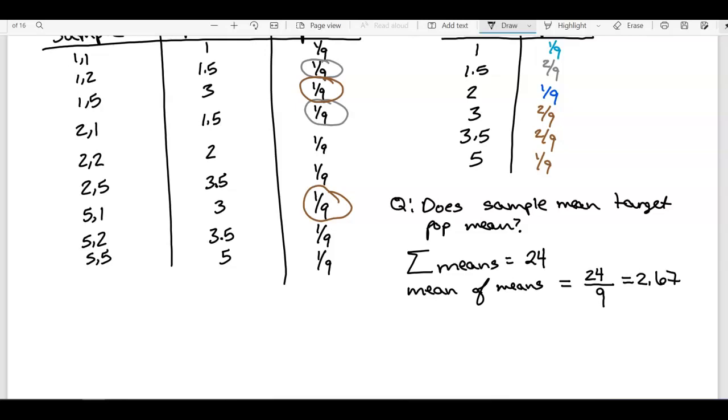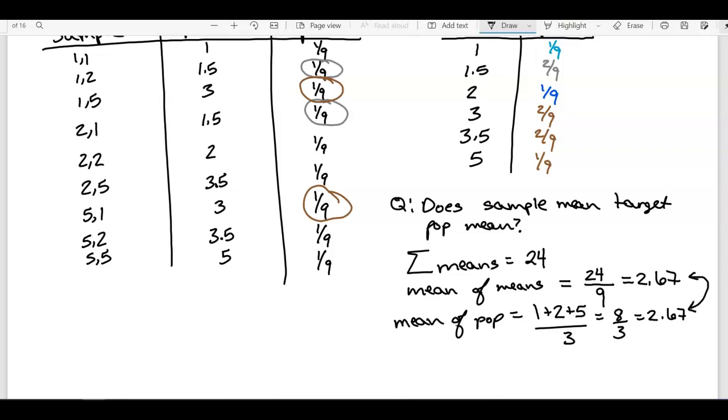Well, what is the mean of the original population? The mean of the population would be 1 plus 2 plus 5 divided by 3, which would be 8 over 3, which is the same thing as what we got above. 24 over 9 reduces to 8 over 3. So you can see how we're getting the same thing here and here again.